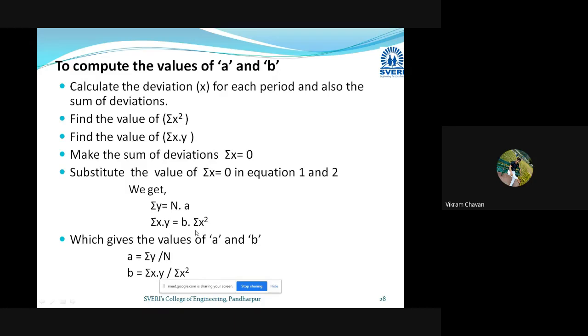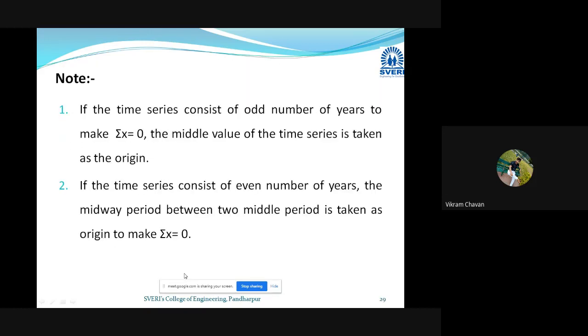Then we get the equations for a and b: a is equal to summation of y divided by n, and b is equal to summation of xy divided by summation of x square. Now the major part is related to the deviation. The problem is related to the deviation only.